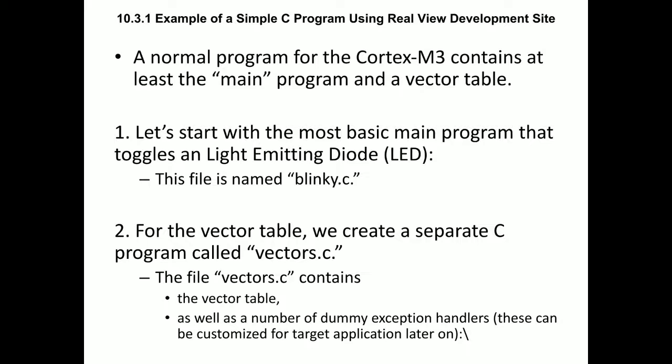Exactly like that, in C programming also we'll have a main program. That main program will call different functions, like make a sound, exit, display on the screen, get the input from the user.